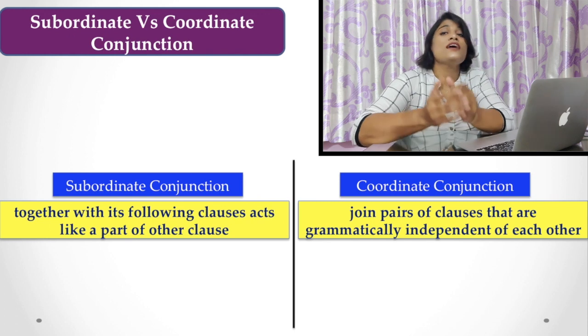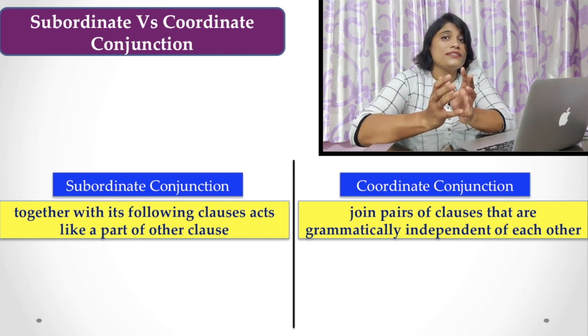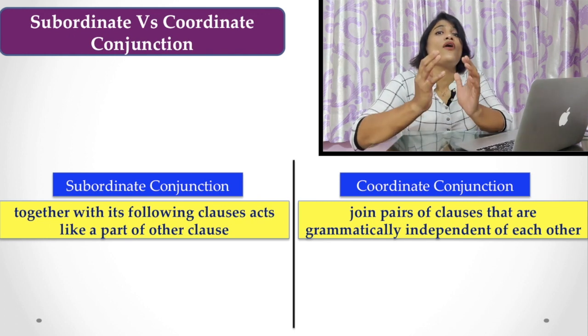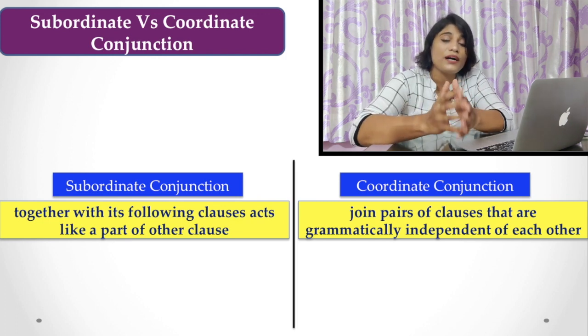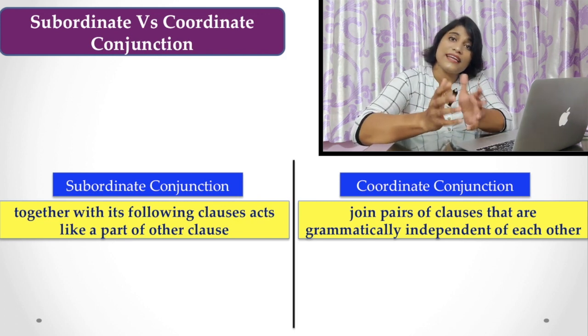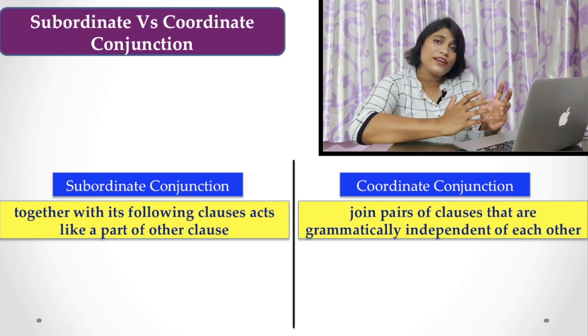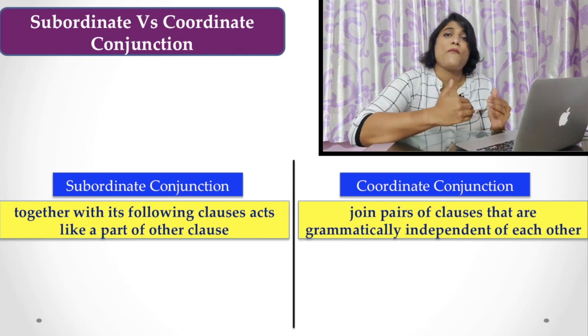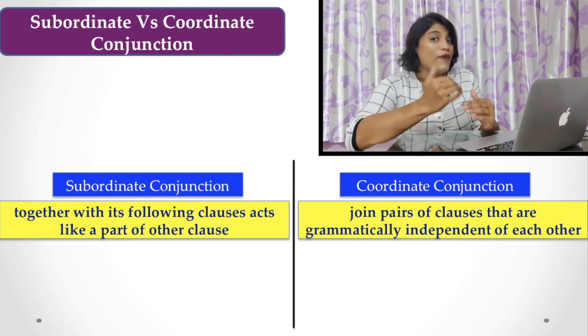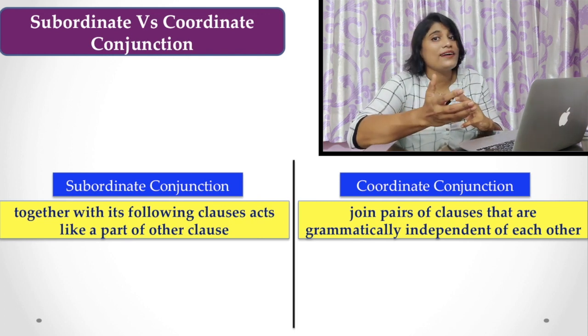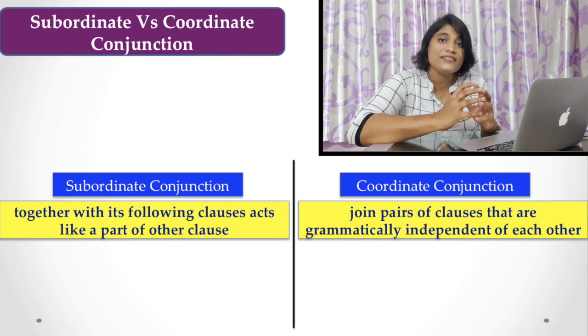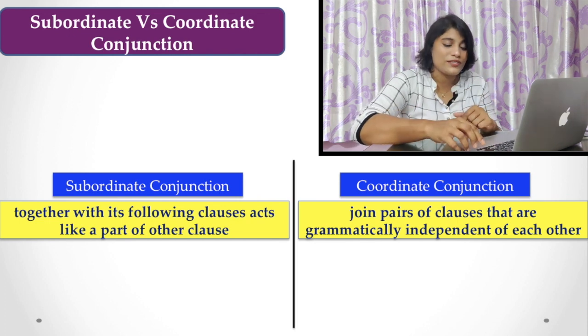What is the difference? Actually, a coordinating conjunction links or joins the main clauses in a sentence. So subordinating conjunctions act as a part of another clause, whereas coordinating conjunctions join or link the main clauses.